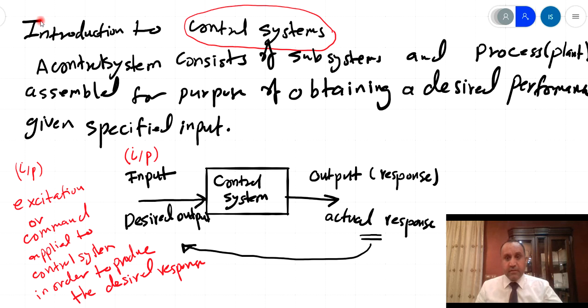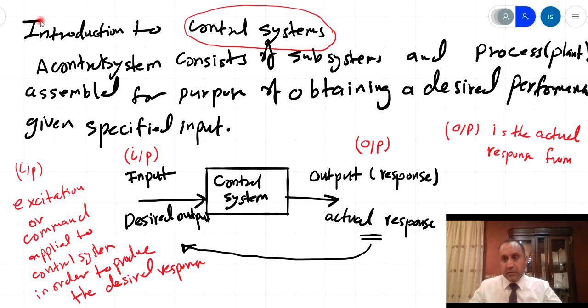Now in the same way I can define the output, and for the output I will refer to O/P, and the output is the actual response from the control system.